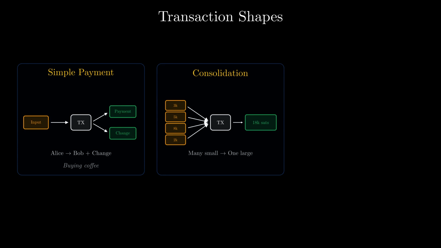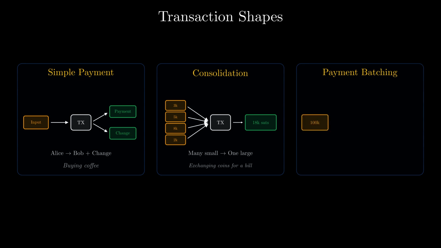Imagine exchanging a pocket full of small coins for a single large bill at the bank. A wallet does this by sweeping many small unspent outputs into 1 large output. This reduces future transaction costs because later spending requires only 1 input instead of many. Wallets often consolidate when network fees are low.